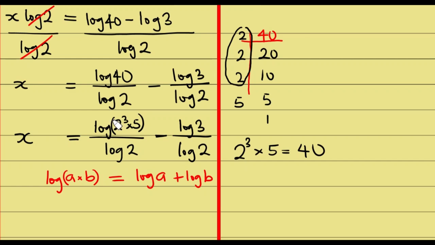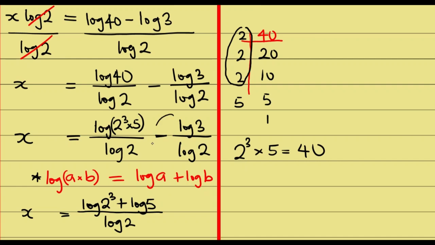Applying this rule carefully to log of 2 raised to the power of 3 times 5, x is equal to log of 2 raised to the power of 3, and because of the multiplication sign, we now have another plus, then log of 5. Yeah, that is what it has turned into according to this rule in logarithm. And don't forget, the whole thing is still all over log of 2, which we write carefully here.